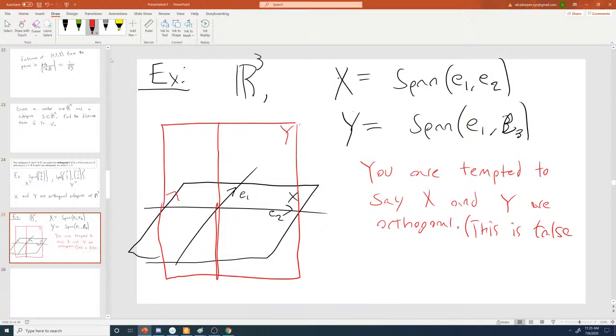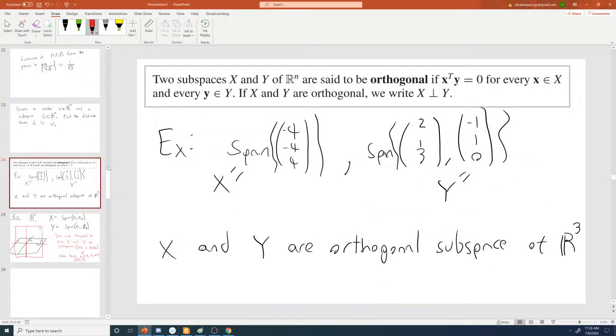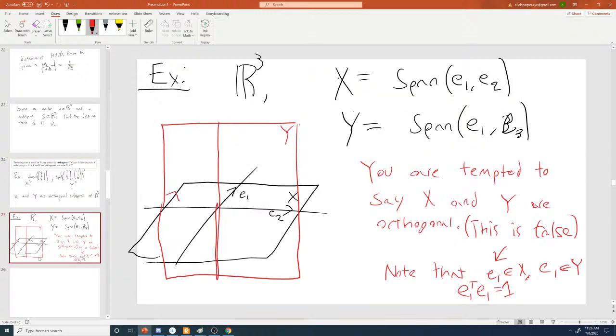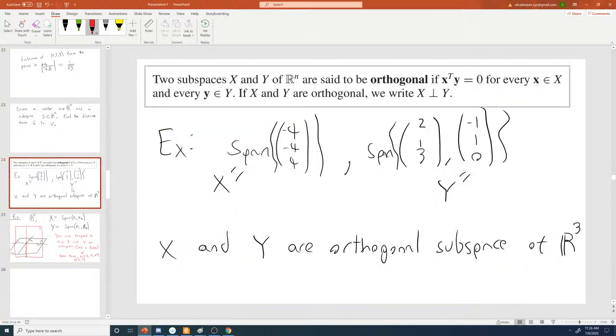In order to see why this is false, note that E1 is an element of X and E1 is an element of Y. And so E1 transpose times E1 is simply equal to 1. But this can't happen if X and Y are orthogonal subspaces according to this definition. So even though this kind of looks geometrically like these two planes are orthogonal, they are not orthogonal in terms of our new definition.